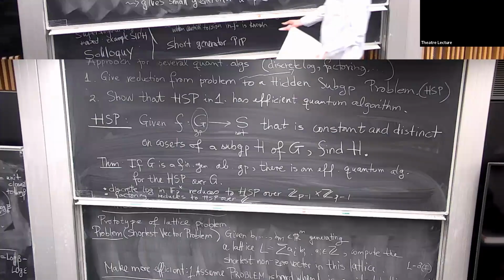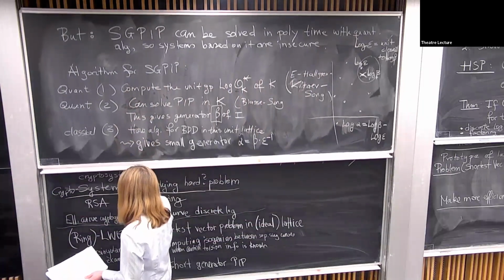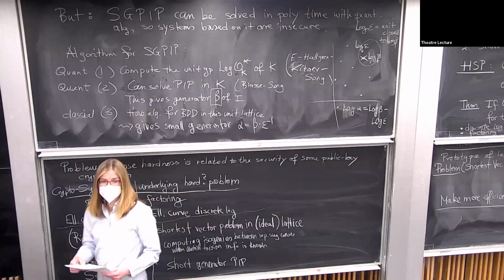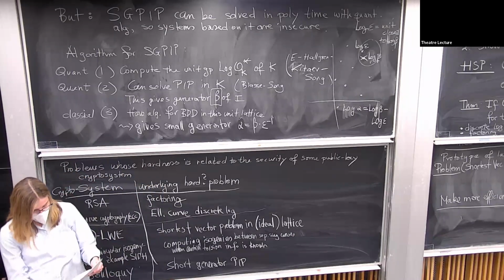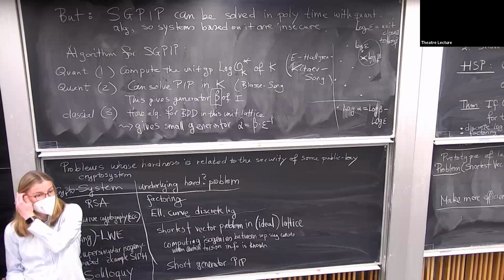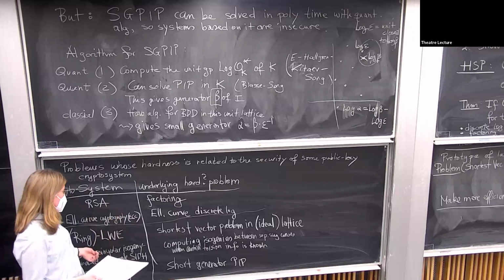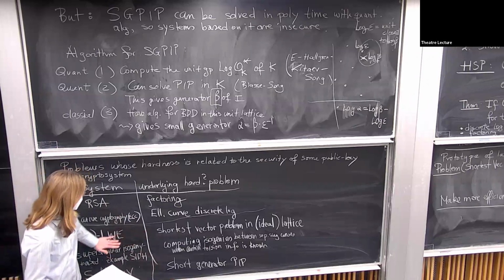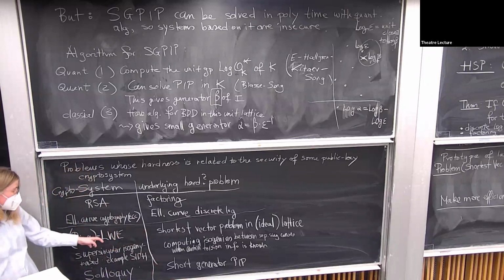And it was a little bit of a surprise because since Shor had come up with his algorithm for discrete log and factoring, people had always asked, well, but how about lattice problems? Quantum algorithms can't do anything for lattice problems. And it's true that for these kinds of systems, nobody has any idea how to attack them either classically or in a quantum way.